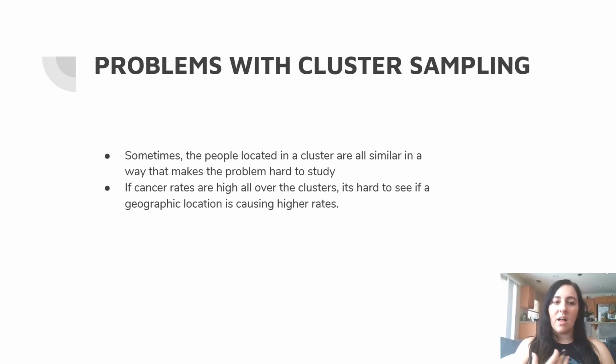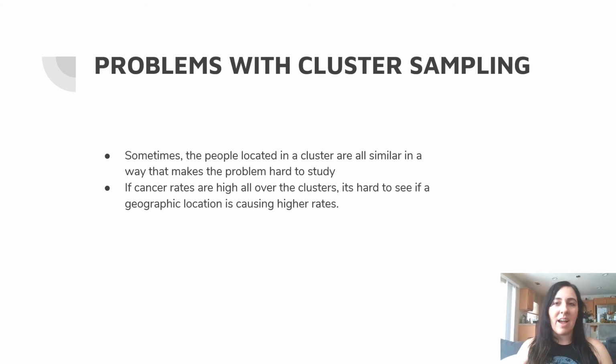So sometimes it's really hard to use cluster sampling because there may be other variables or factors acting on the population that you're trying to scope out and study, to find maybe the cause of a certain problem.